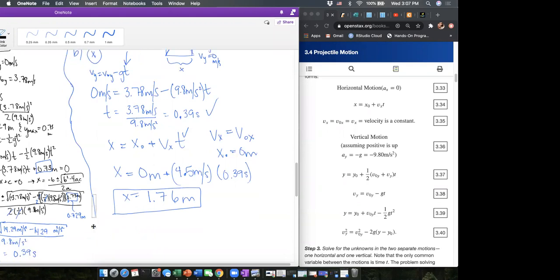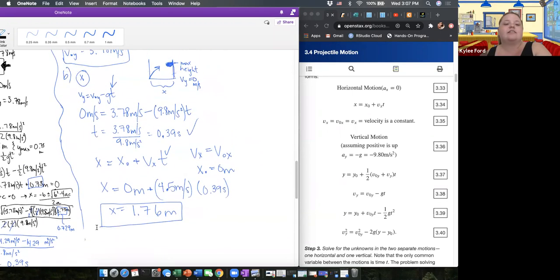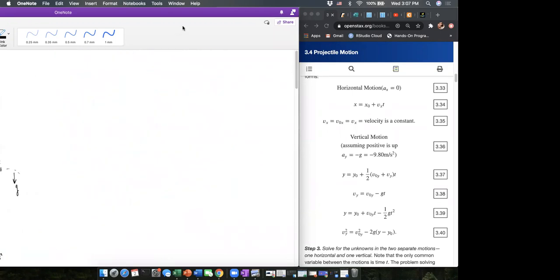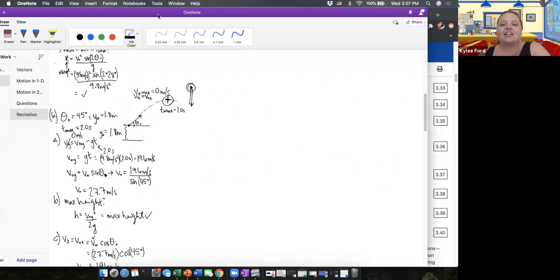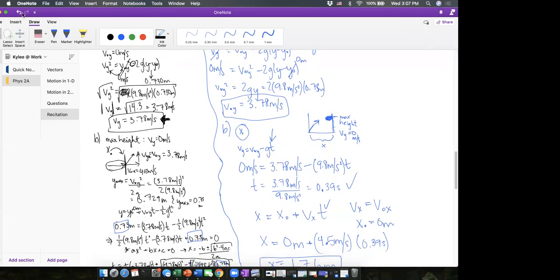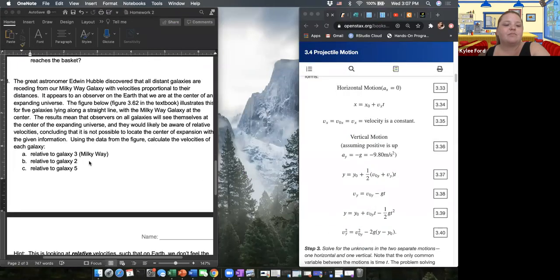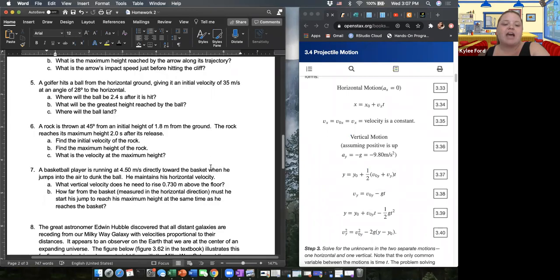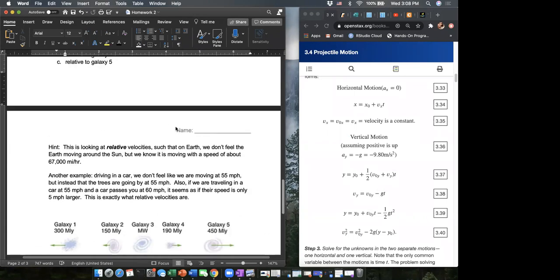Did you do number 8? I did talk about number 8 earlier, yes. Well, I actually just kind of talked about it. These will be posted. But I talked about the relative velocity. There's no math. I know it says calculate, but there's really no math involved. The essay type paragraph scared me.